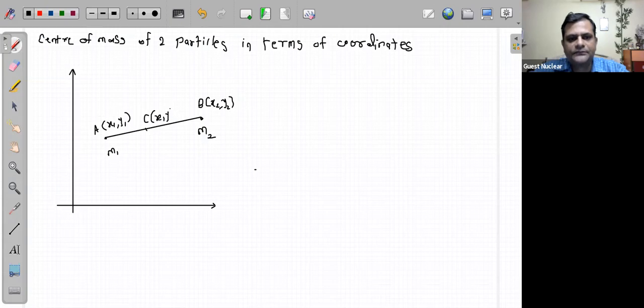Suppose it is such that the ratio of the distances of C from A and B is going to be m2 is to m1. That means this AC and CB is going to be in the ratio m2 is to m1.